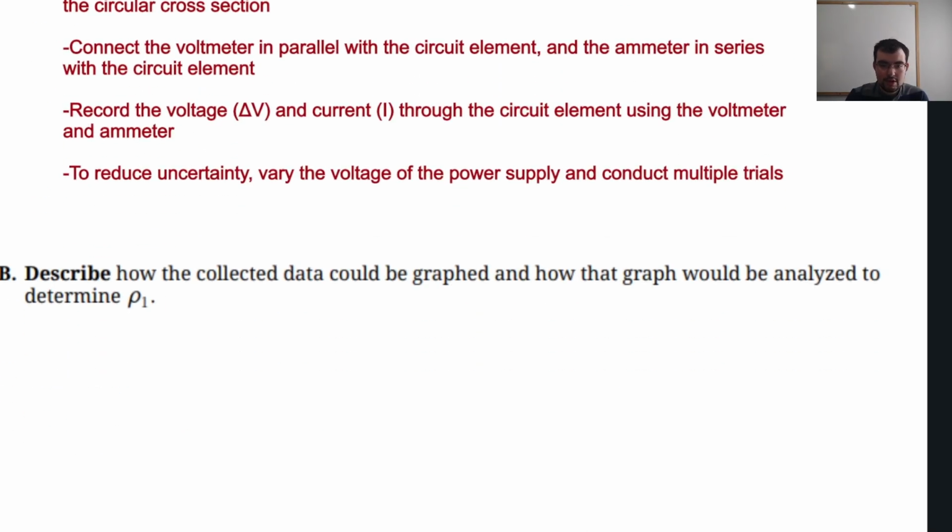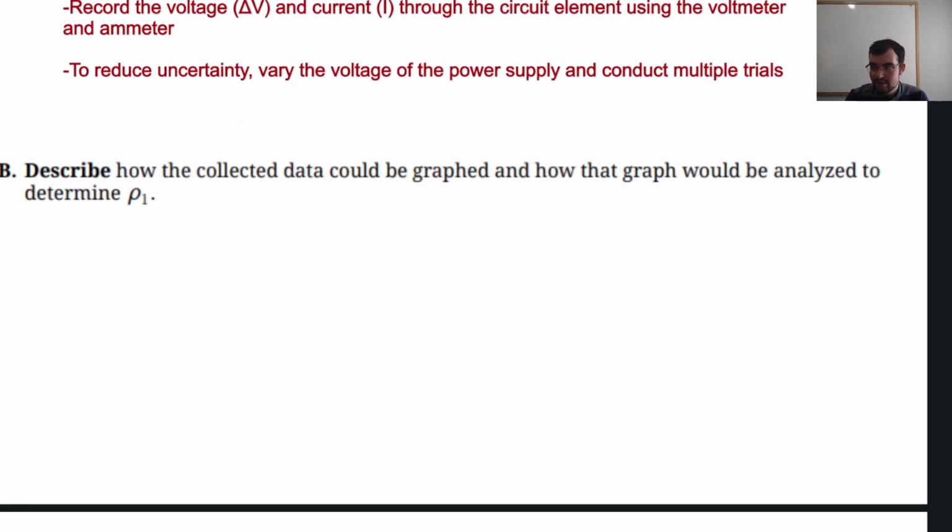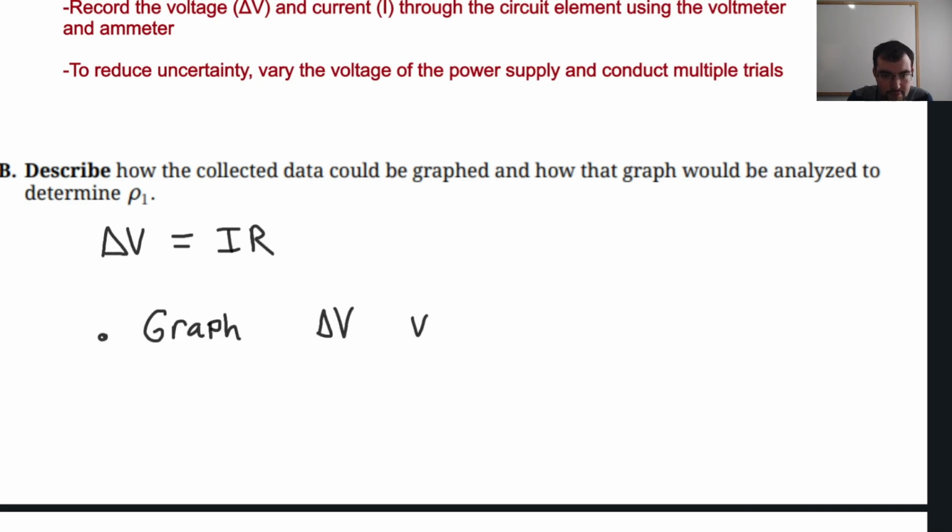Pretty straightforward. So this is basically an Ohm's law lab. So describe how you could graph it to get rho. Well, Ohm's law tells me that delta V is equal to IR. So again, letting the equation design your experiment here. So this means that I can graph delta V versus I, because that's going to mean the slope is equal to R. And I'm not done, because I did not want the resistance R. I wanted the resistivity.